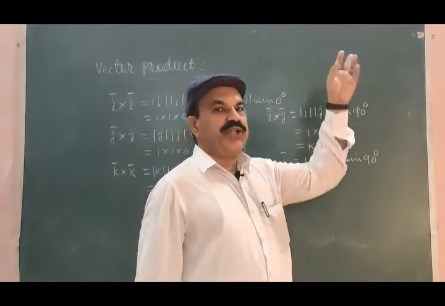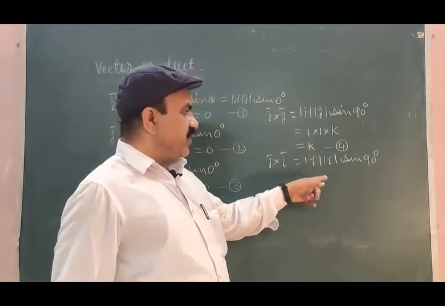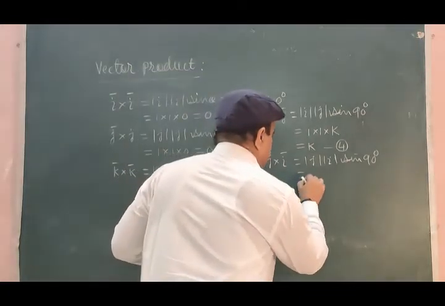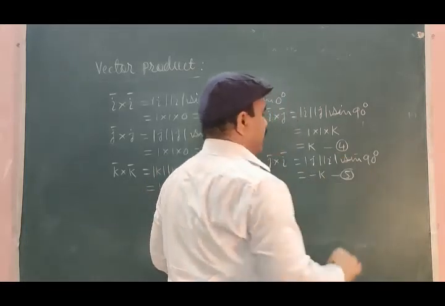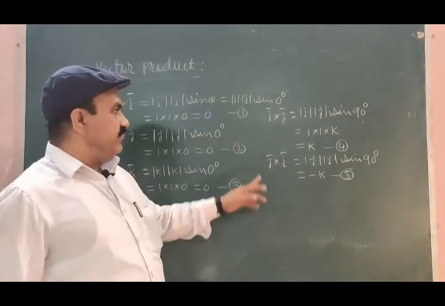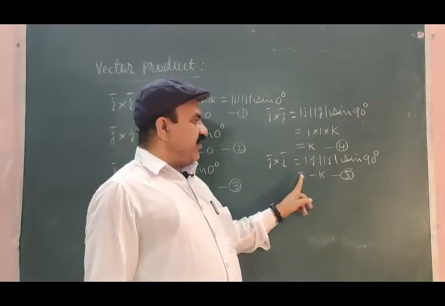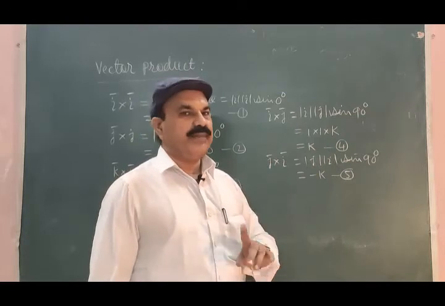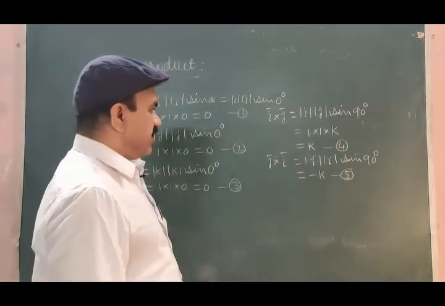One figure I have shown here, a cross b and b cross a, and therefore what should come here? Minus k. Equation 5. i cross j is equal to k, j cross i is equal to minus k. These are the fourth and fifth rules.